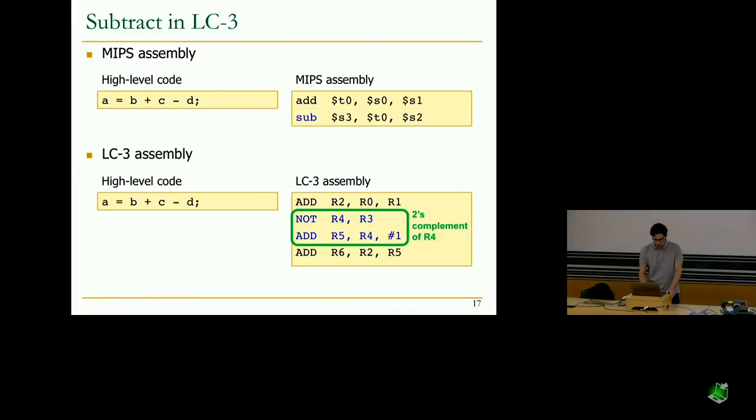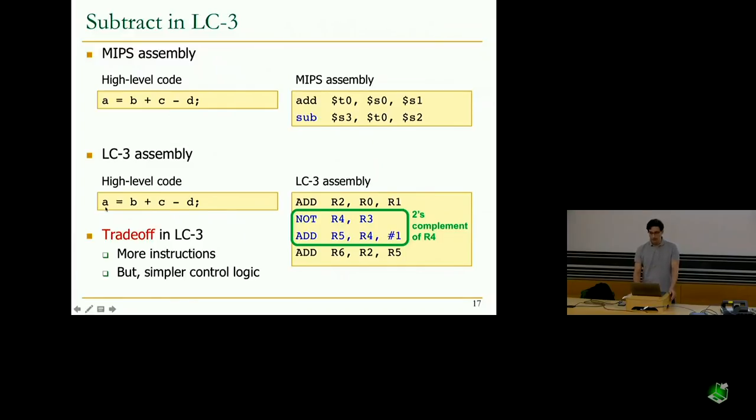So what we're doing here is calculating this 2's complement, and then the result, this already negative number, R5, is added to the partial result of the first addition instruction. Finally, in R6, we will have the result for variable A.